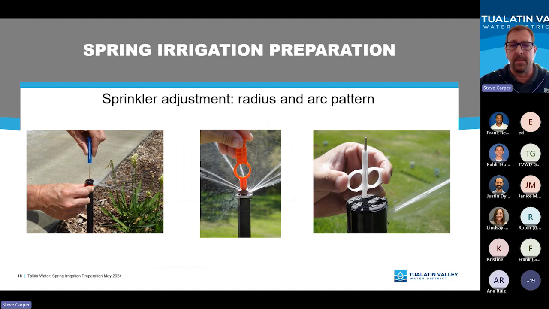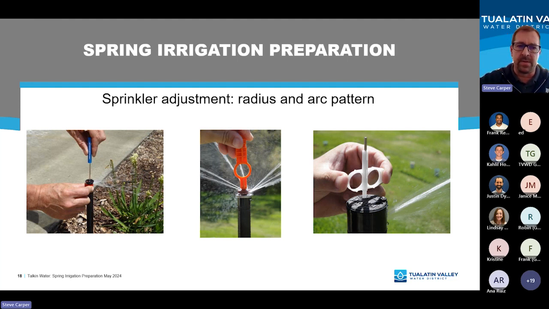The next thing we're going to talk about is the specialty tools that you may need to make the sprinkler adjustments. Again, if you just have pop-up sprinklers that spray out the water in a fixed pattern, that's the easiest sprinkler to adjust, and it really just requires a small flathead screwdriver.